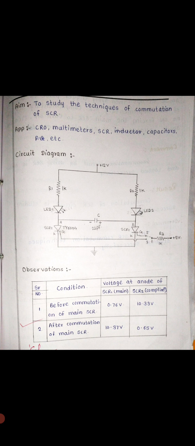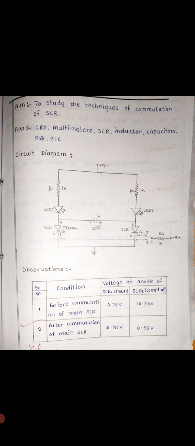In the demo we see the procedure for the overall practical. First we connect the circuit diagram as shown in the figure. Apply the DC voltage of plus 12 volt to the anode of the SCR, and apply the positive trigger to the gate of the main SCR.